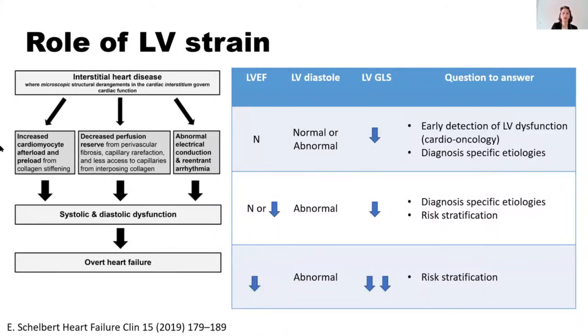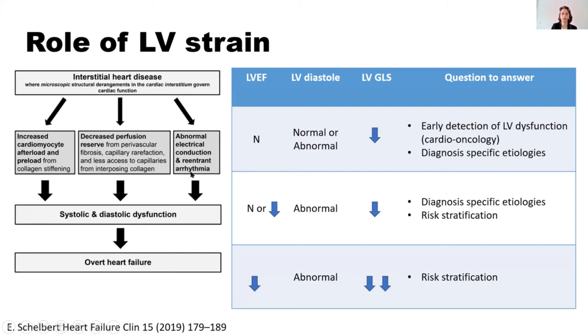So when we have an interstitial heart disease, or there are changes in the interstitium, what we are going to have is an increased cardiomyocyte afterload and preload from the collagen stiffening. There is a decreased perfusion reserve from the perivascular fibrosis and the capillary rarefaction, and less access to capillaries from interposing collagen.